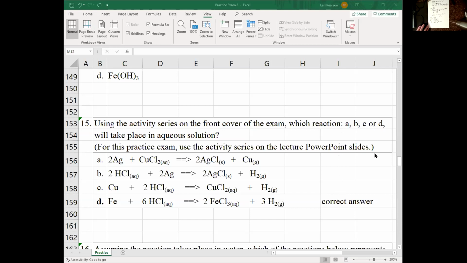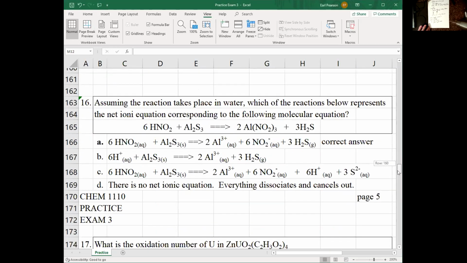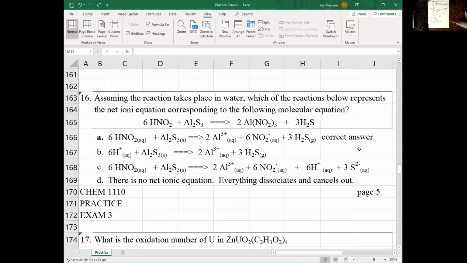I've got 1, 2, 3, 4, 5, 6, 7 lines as the maximum I could use to create an activity series. So I couldn't give you the whole table, but I could give you what you need for that particular problem. That's probably the way I would do it, especially on D2L. I kind of have to do that.